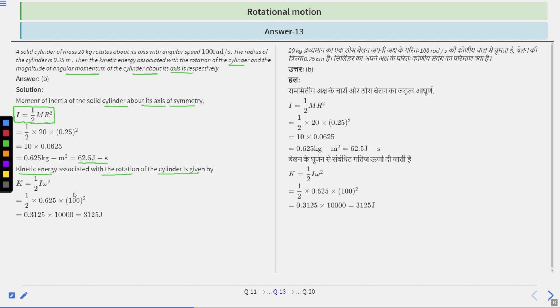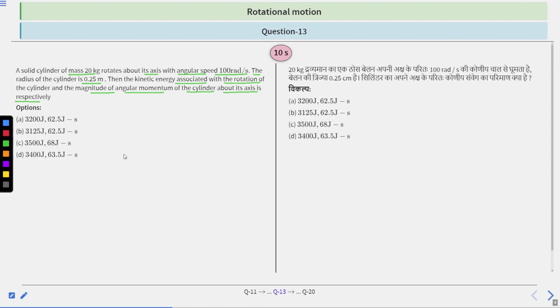Solving this, you will get K equal to 3125 joule. Clear? So this is the correct answer. The correct option is B: 3125 joule, and 62.5 is the moment of inertia. Clear?